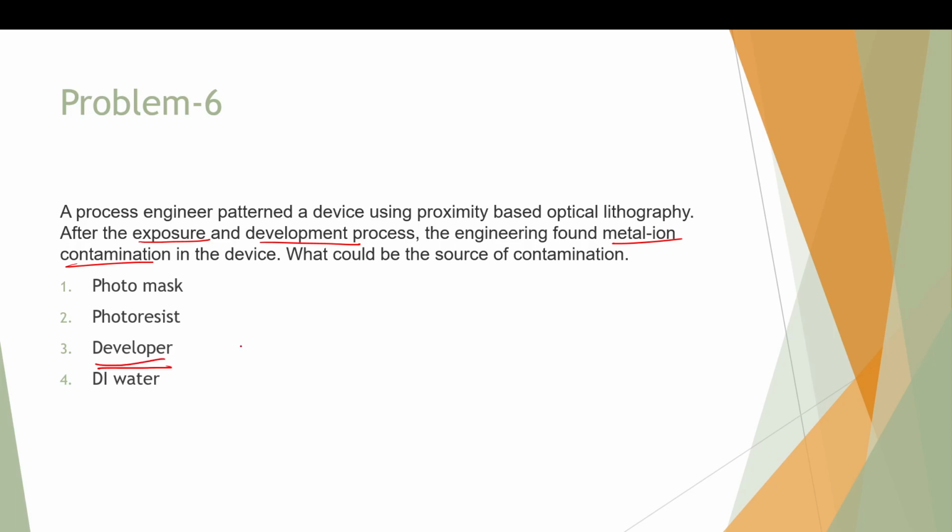The developer can have Na+ or K+ ions. So it is possible that he chose a metal ion contaminated developer. There are two types of developers, MIC and MIF. MIF ones are metal ion free developers. So probably he chose a metal ion contaminated developer. So that's why the developer might be the source of contamination.